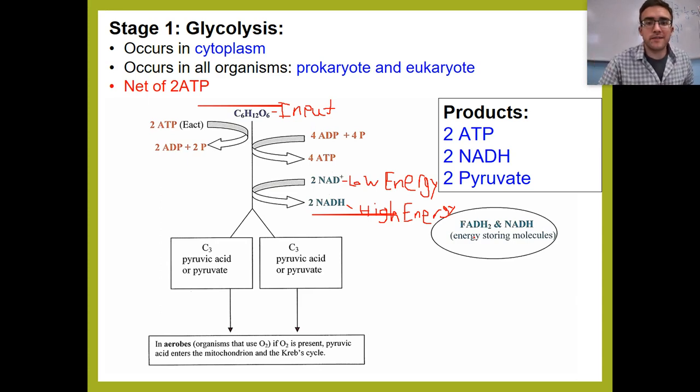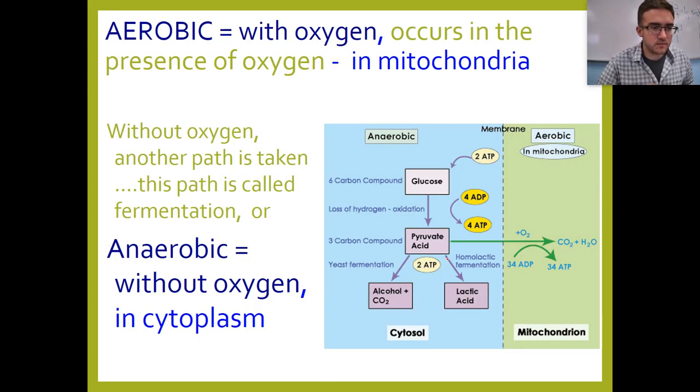So the input for glycolysis is glucose, it gets cut in half, giving us 2 pyruvates. We also get 2 ATPs and 2 NADHs from this. So glycolysis has been happening out in the cytoplasm, okay?